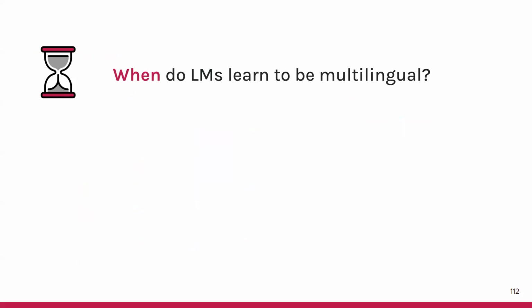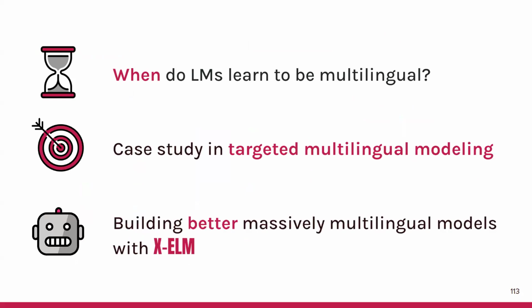Okay, so in this talk, we've talked about when language models learn to be multilingual and how this correlates to them developing the curse of multilinguality during the pre-training process. We then looked at 2 different approaches to multilingual modeling and how we can reduce the effect of the curse of multilinguality in both of these settings.